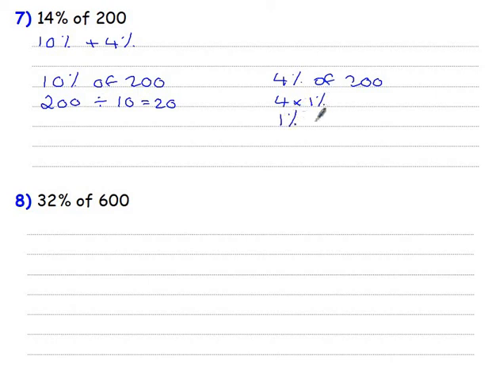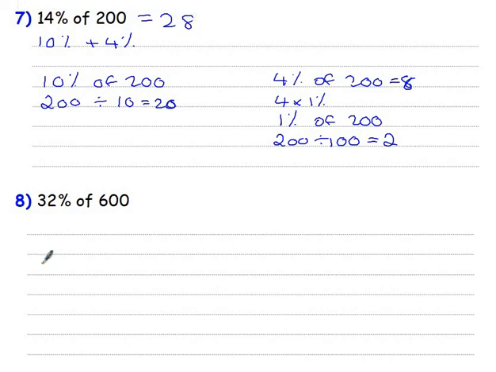So we first have to find 1% of 200, which would be 200 divided by 100, which is 2. And 4 times 2 is 8. So 14% is the same as 10% add 4%. So it's 20 add 8 is 28.